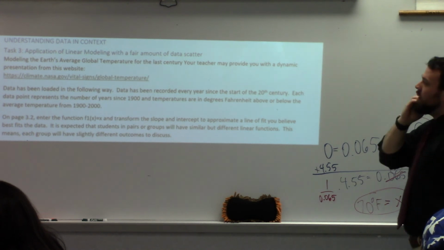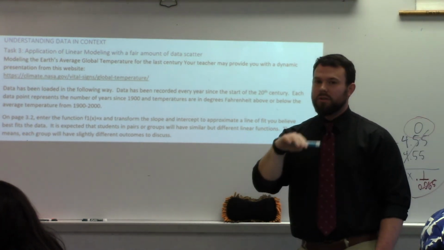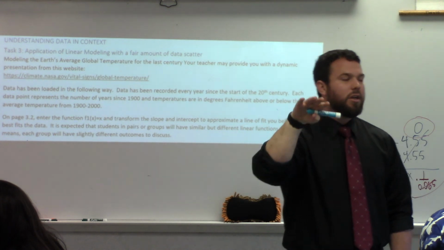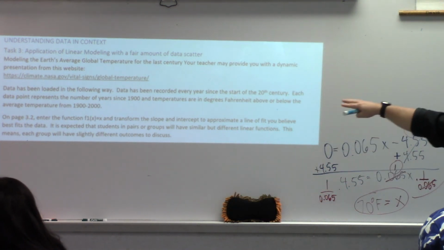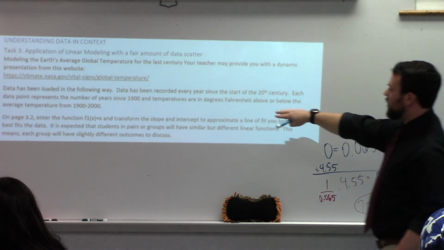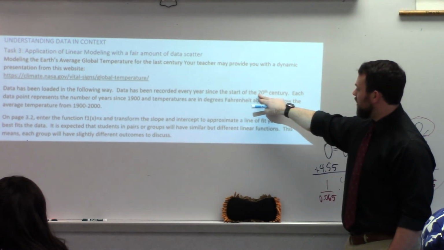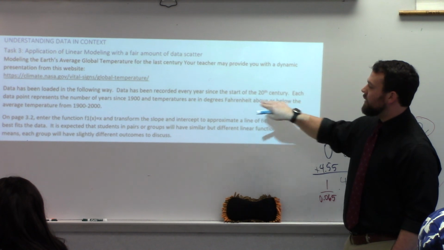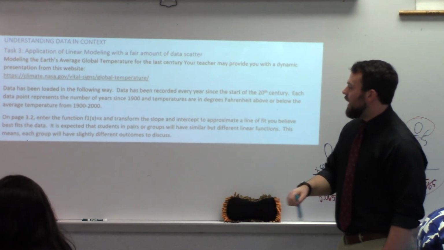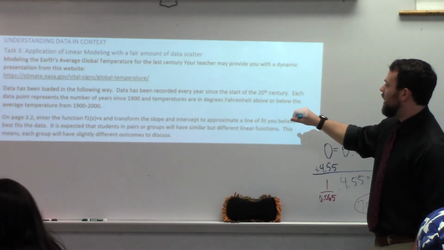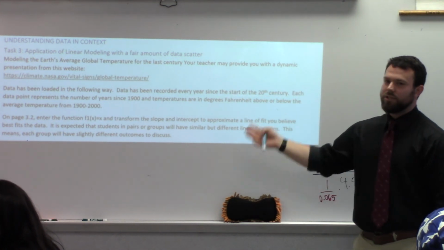But what you'll see is that the temperature of Earth has slowly increased over the last century, and we'll see that in this data. Data has already been loaded. Data was recorded every year since the start of the 20th century, and each data point represents the number of years since 1900. The temperatures are in degrees Fahrenheit above or below the average temperature.